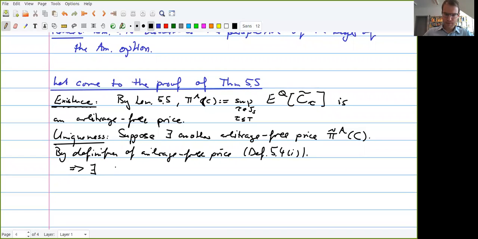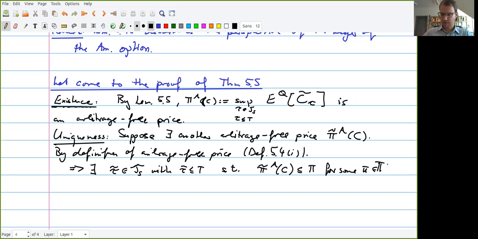There exists a stopping time tau, let's call it tau tilde to be consistent with our notation for the price P tilde, with tau tilde smaller or equal than T. So it's an exercise strategy such that the price A tilde of the American option C is less or equal than P for some P in the set of arbitrage-free prices of the European option C stopped at time tau tilde.